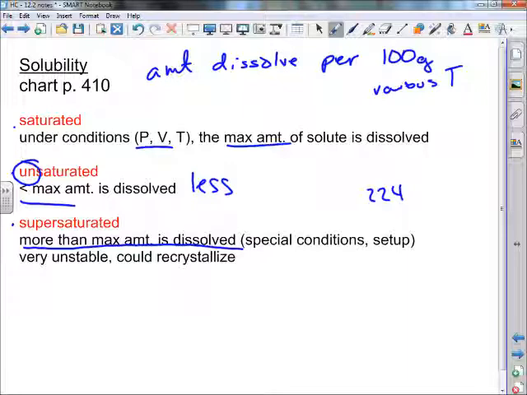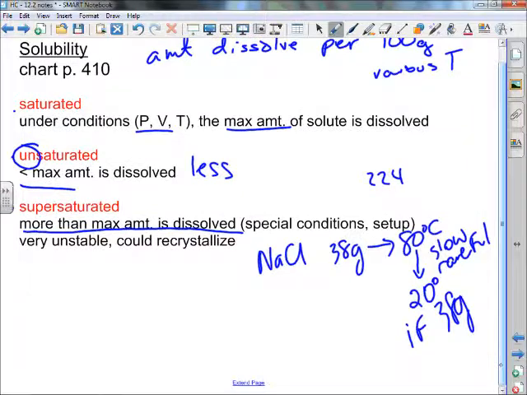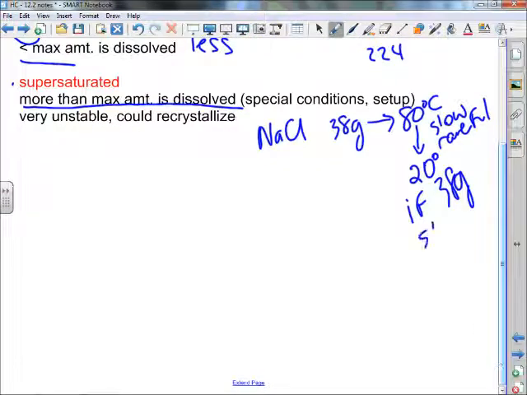So what we could do is take 38 grams, heat it to 80 degrees Celsius, and slowly and carefully lower it back down to 20 degrees. And if 38 grams stays dissolved, we now have a supersaturated solution.